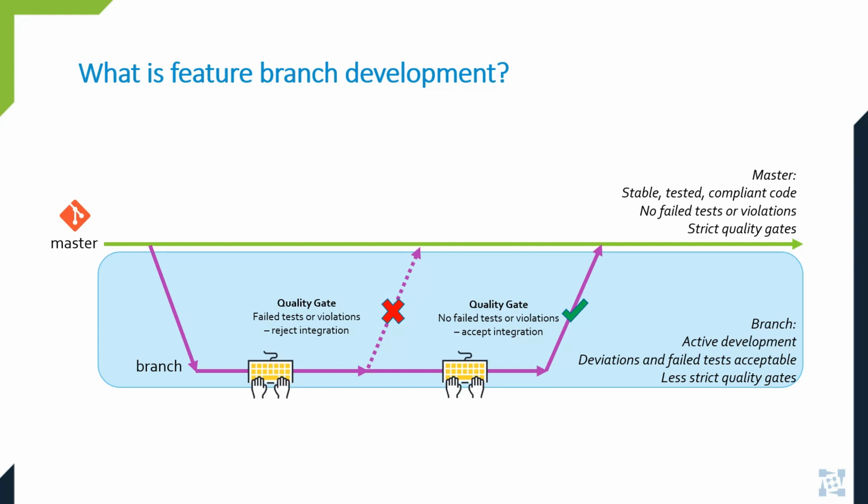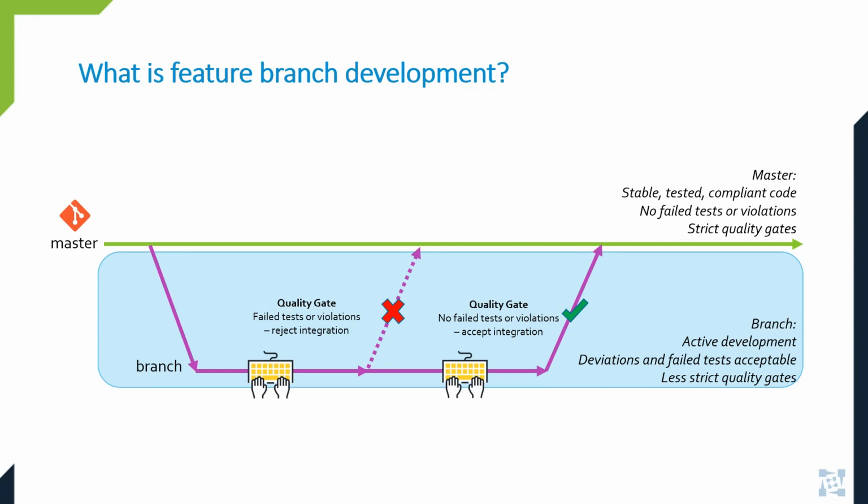The whole idea is that later on, when the feature is ready, this branch will be merged back into the master branch. You can have multiple of those feature branches, where you work basically in isolation of the master branch.